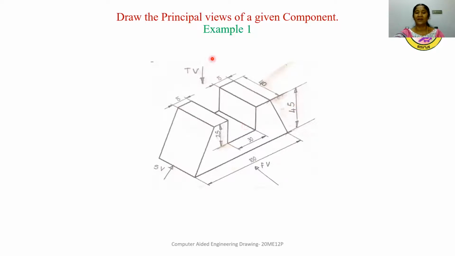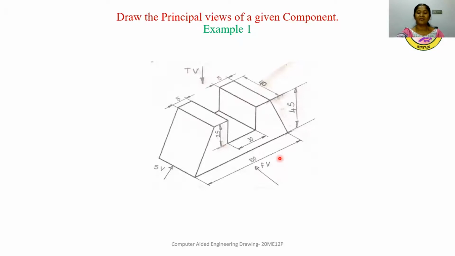Similarly, if I observe from the top, I can see a rectangle of length 100 mm and width 40 mm, and this rectangle has a slot at the middle of 30 by 40 mm, and I can see these edges in the top view. So the front view will be a trapezium, the side view is a rectangle, and the top view is also a rectangle for this component.